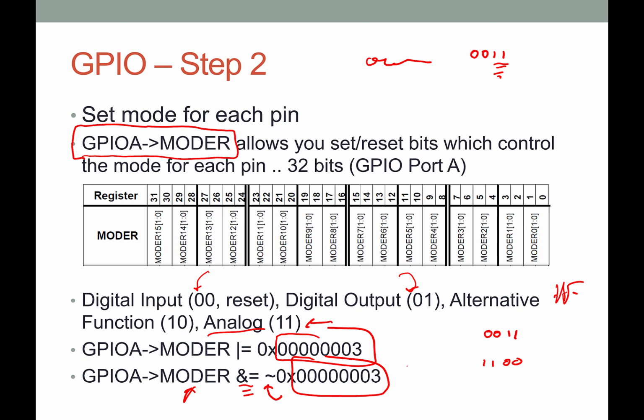So what that's going to do is put 1s everywhere except these 2 bits right here, which become 0, 0, and so that means this one is going to be set for digital input. So specifically what we've done is set port A 0 for digital input here.